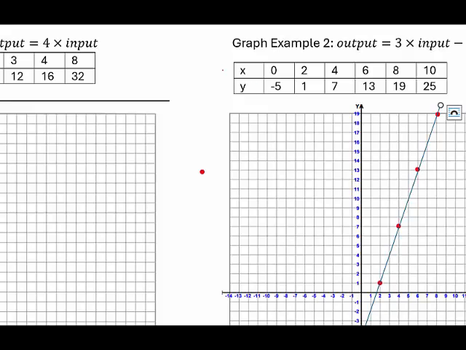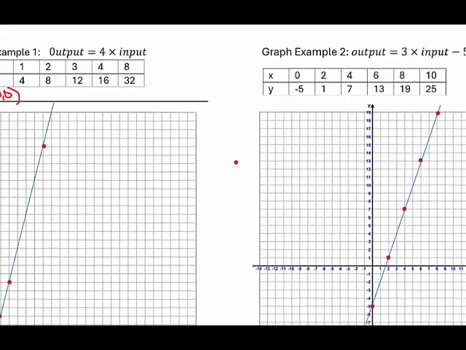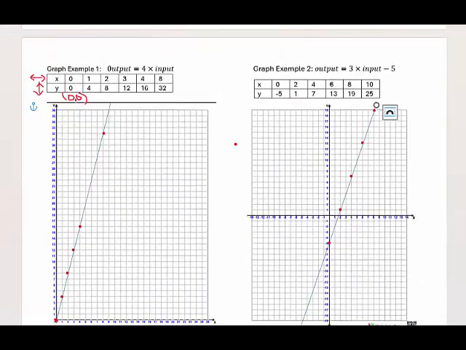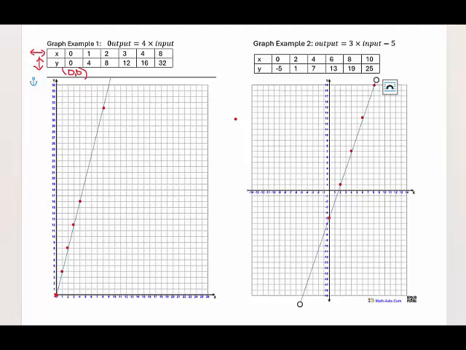This graphing, or creating a table of values, plotting points and graphing is a really important skill that you will need for future success in maths. If you don't get it today, that's fine. Have a go at it, keep trying, and then I can guarantee one day you will be able to do it.